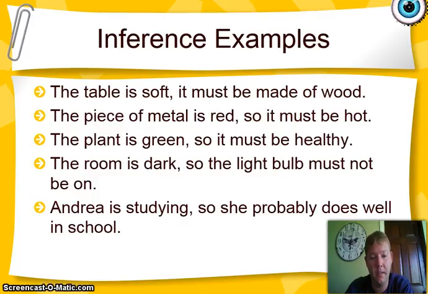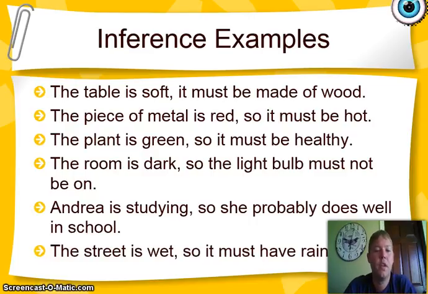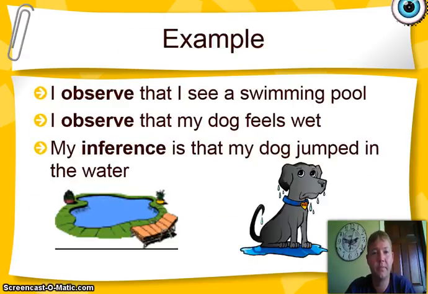Andrea is studying, so she probably does well in school. These are all examples of inferences where I have an observation and then I try to explain that observation, why it's happening or why it happened. The street is wet, so it must have rained. Hopefully you're getting the idea of what an inference is.